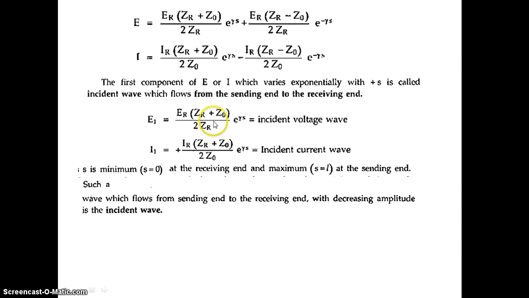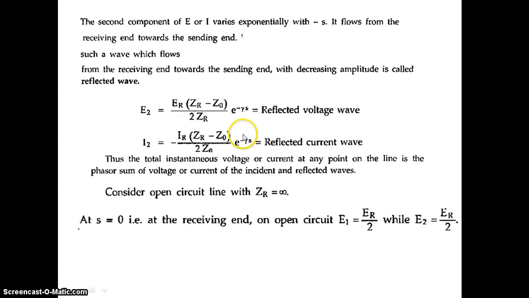The Z0 by ZR term is 1 by infinity, which is 0, so this term will be 0. So E1 equals ER by 2, and similarly E2 equals ER by 2.